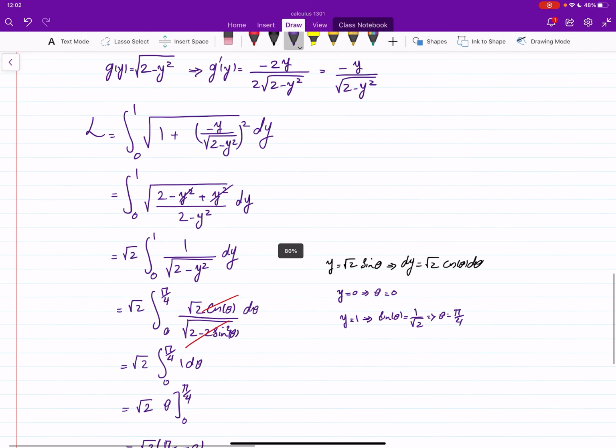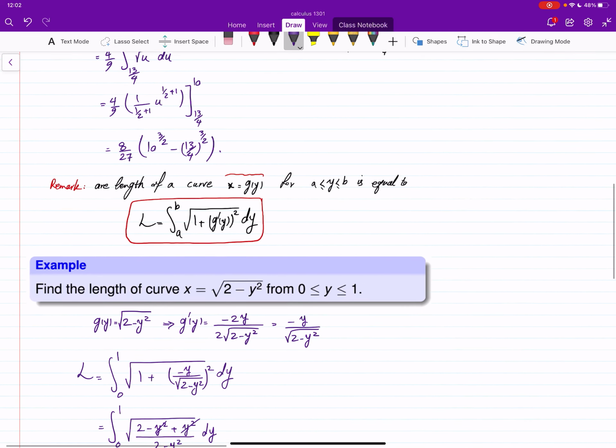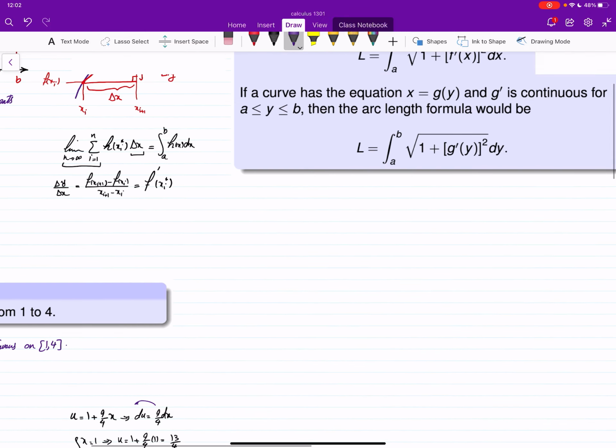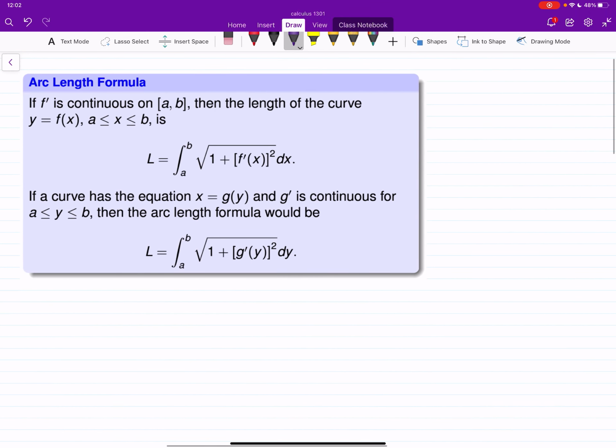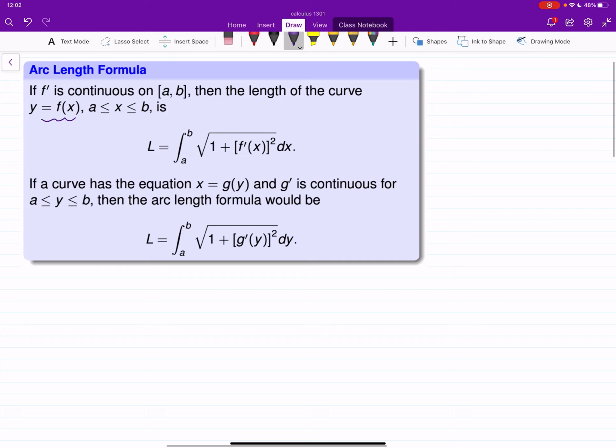Just a quick wrap up: when you have a curve defined by a function like that, and you're looking for the arc length of the curve for values of x between a and b, you differentiate the function, square it, add 1, find the square root of that, then integrate. The same way will go if you have x equal to g of y, and then you integrate this other one and then find the arc length.